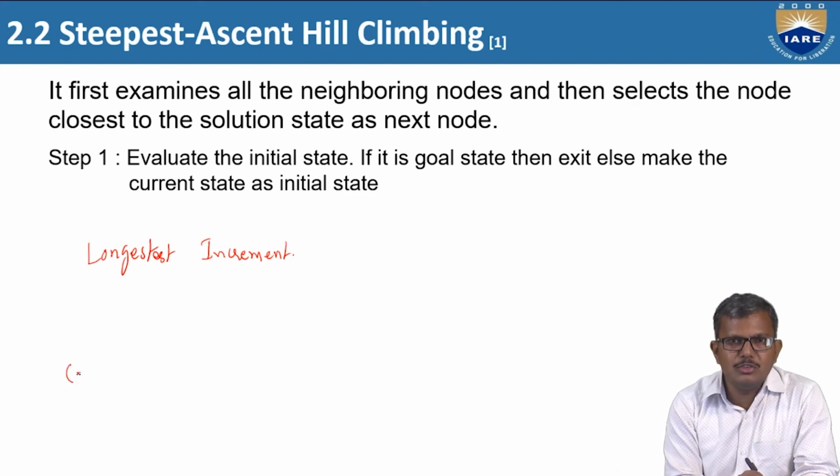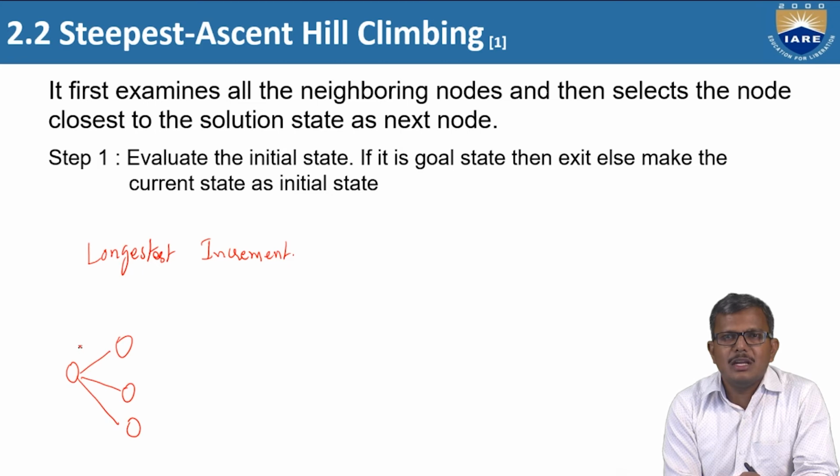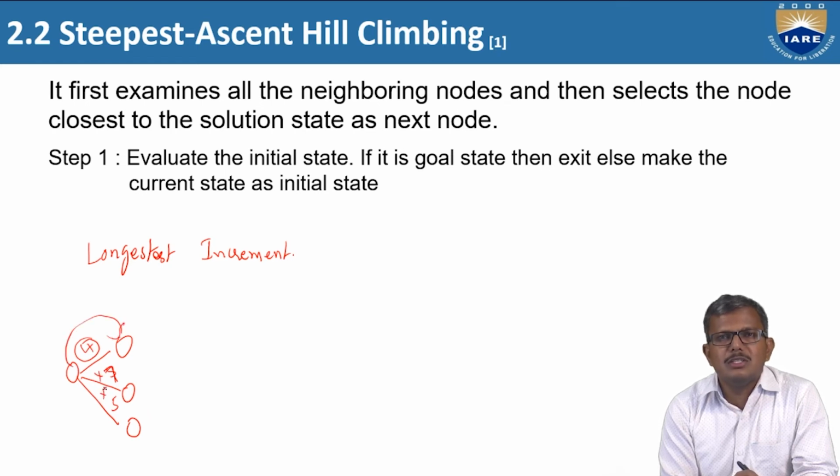Initially we used to do it like this: from the initial state, if there are 3 different paths, the weight of this path is 5, this one is 7 and this one is 5. Generally we pick the path with the shortest distance, ignore the other two, and move from this state to this state. This is the procedure we followed in the previous search techniques. But in this case, we are not going to consider the minimum one. We are going to consider the maximum one.